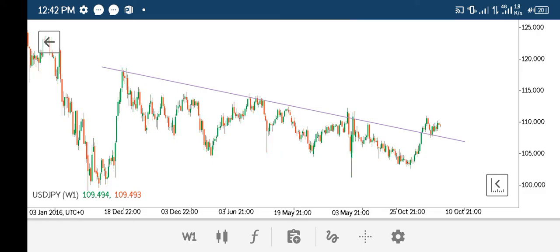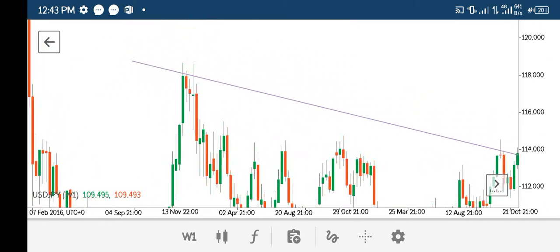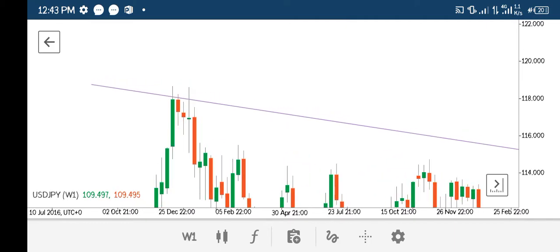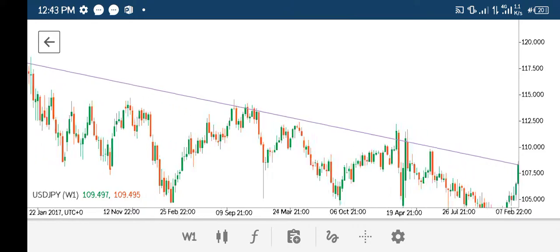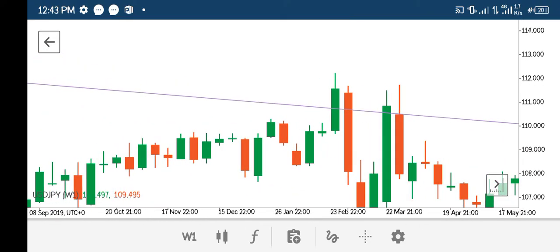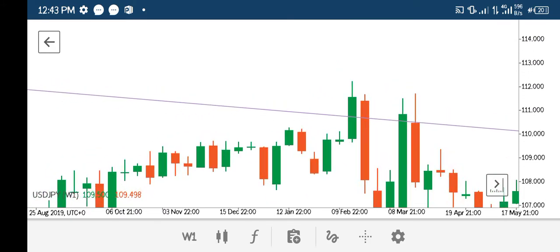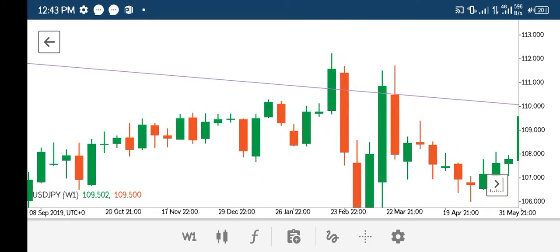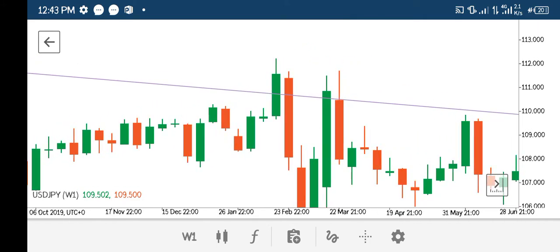So I can see in this first point here, I have a touch of my trend line. The second touch is here. Then I have what looks like a fake out. Here is a fake out. A candlestick tried to push out of the trend line, but then it came back into the trend line, went back up, came down.